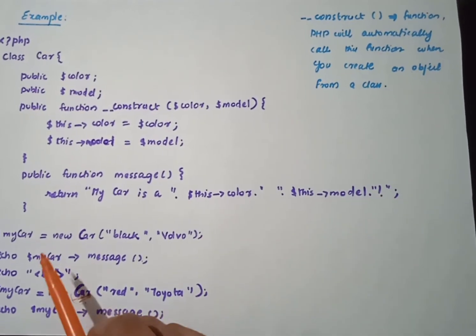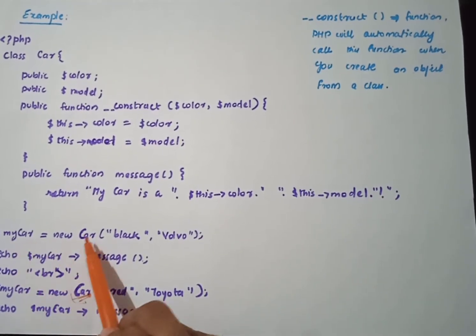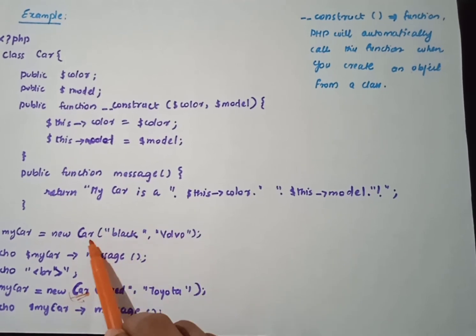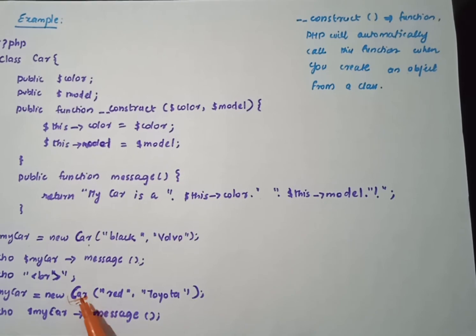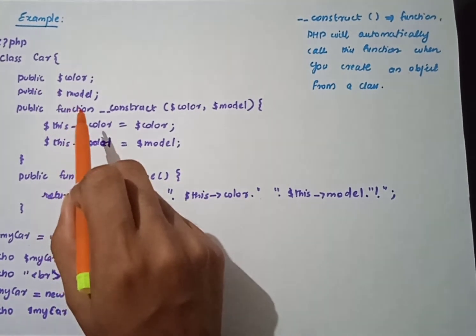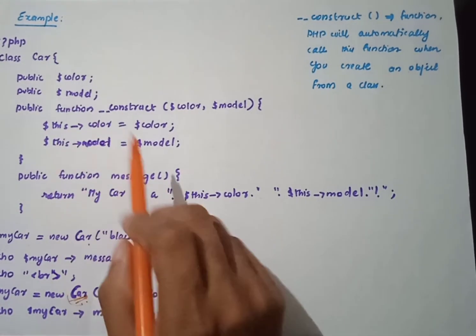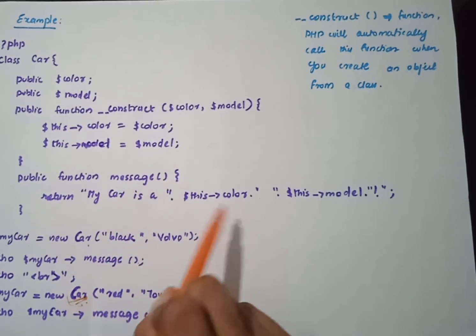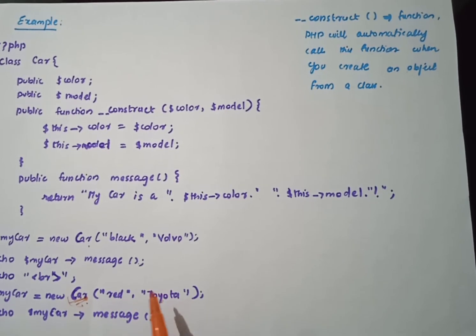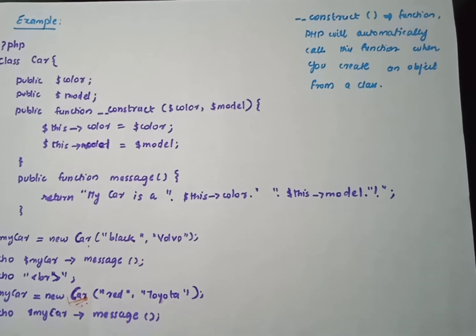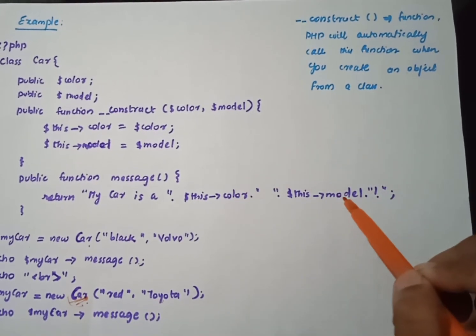So you can see this is our first object, and here you can see two different values for the same class, and the other object we created with the same function. So it will automatically call this function and work accordingly, and you'll get a message using the variables or the inputs you give to that object. So that will be replaced like this.